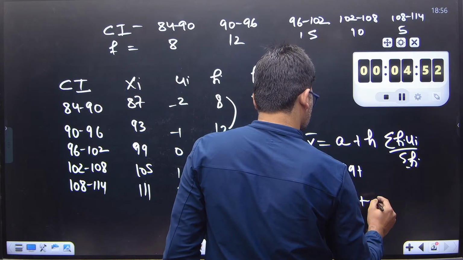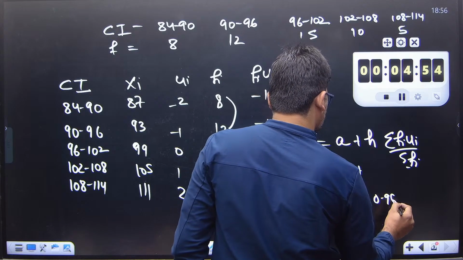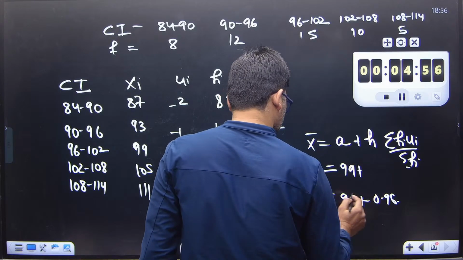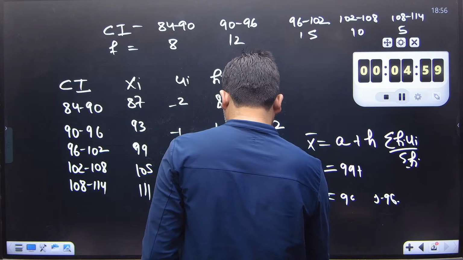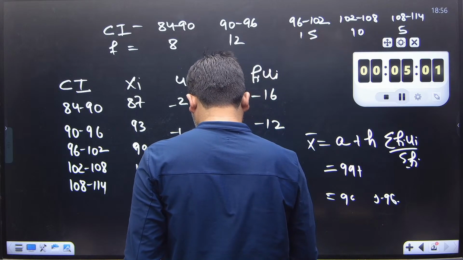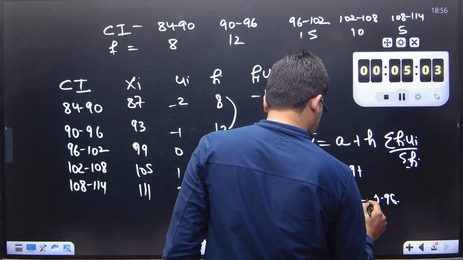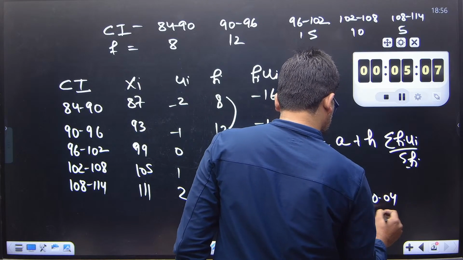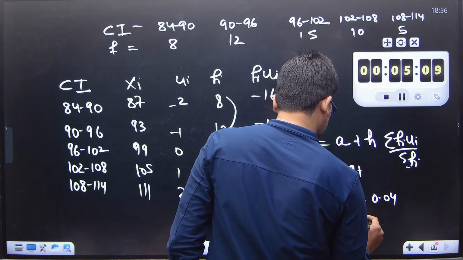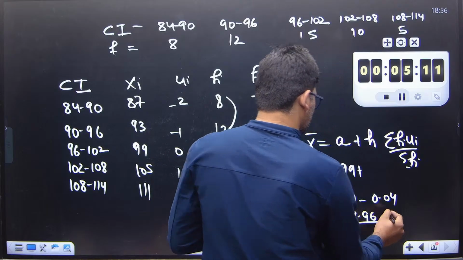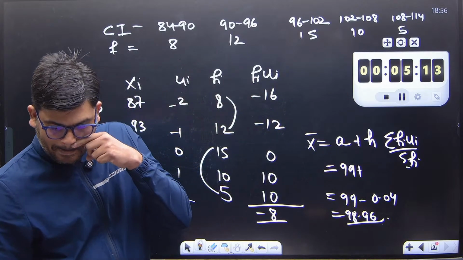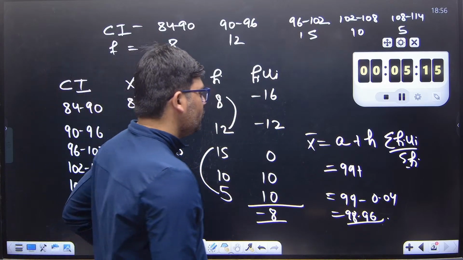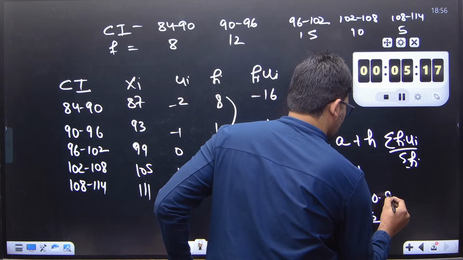Okay, fine. So this is 0.96, sorry, minus. So this is your answer, 98.04. This was 96.